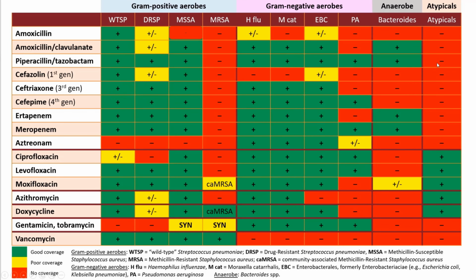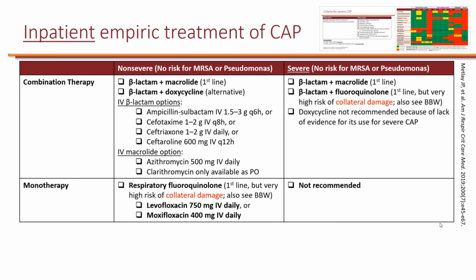So by combining the beta-lactam with either azithromycin or doxycycline, you also get that extra atypical coverage. And in clinical trials, or I should say in the literature, we have seen that this combination can actually reduce mortality.